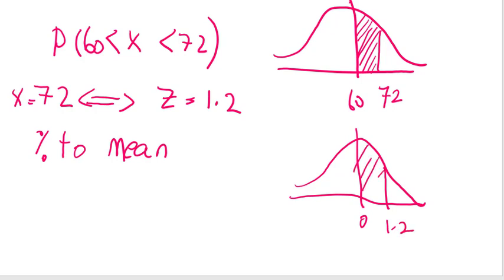So percent to mean will give me the exact value, and that is the probability of X between 60 and 72: 0.3849.